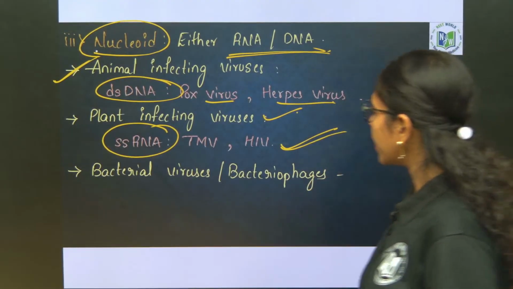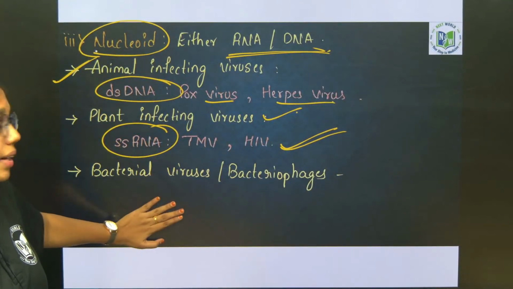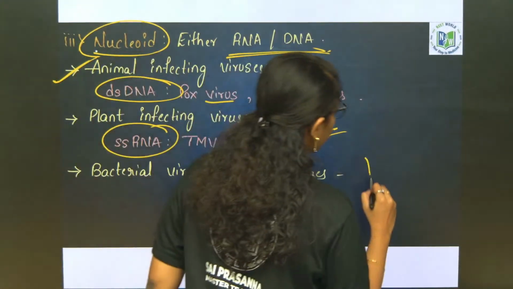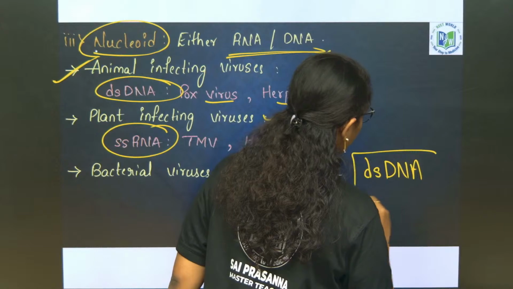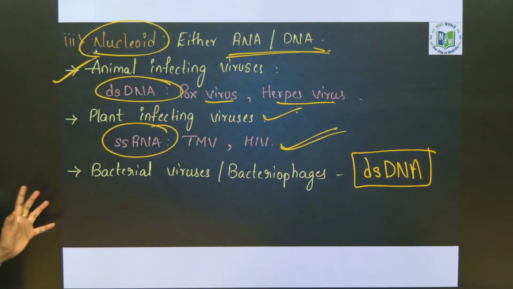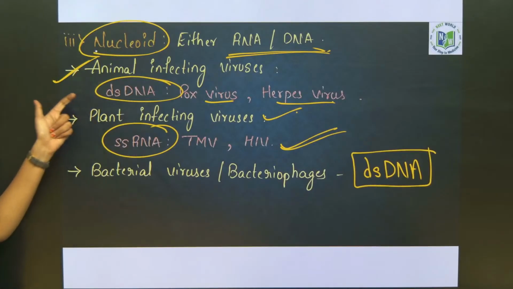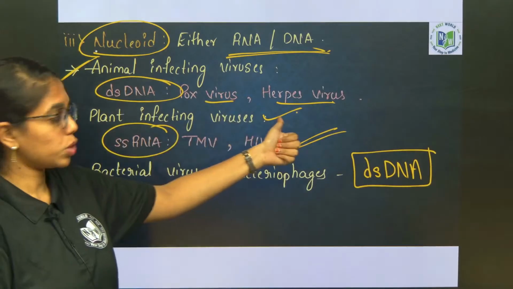Next, bacterial viruses or bacteriophages also have double-stranded circular DNA. This is clear to you, right? Animal infecting viruses have double-stranded DNA, best examples pox virus and herpes virus.